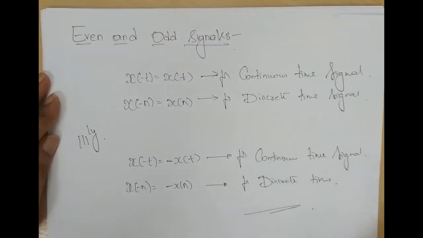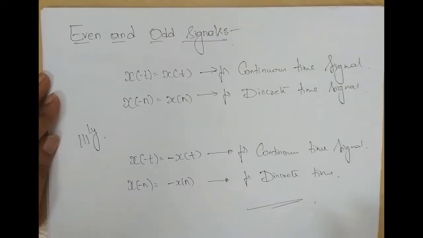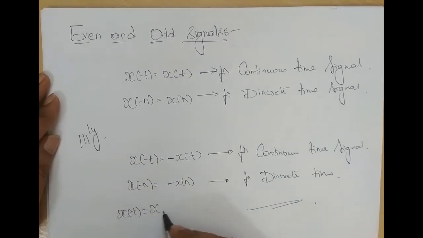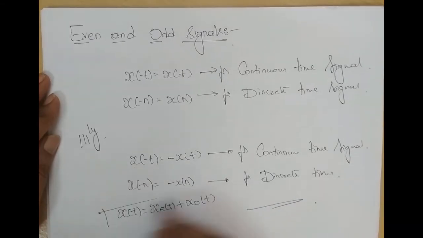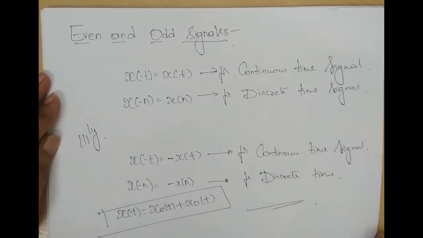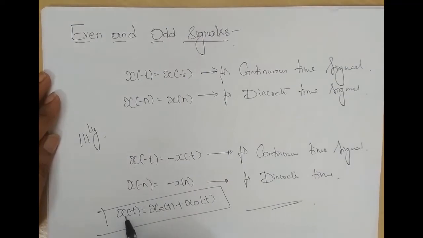Okay, and also we said that any signal x of t can be represented in terms of its even and odd component as x e of t plus x o of t, right? Any arbitrary signal x of t can be represented by sum of its even and odd component, and this holds good for discrete time also.